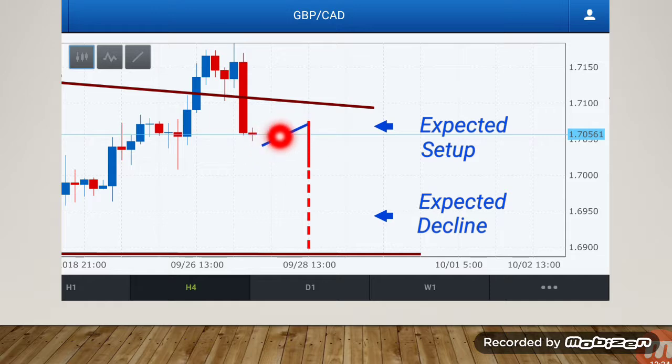So we're talking about approximately 4 to 5 4-hour candles, between maybe 16 hours to 20 hours that the market would need to provide us with that signal to take advantage of this movement.